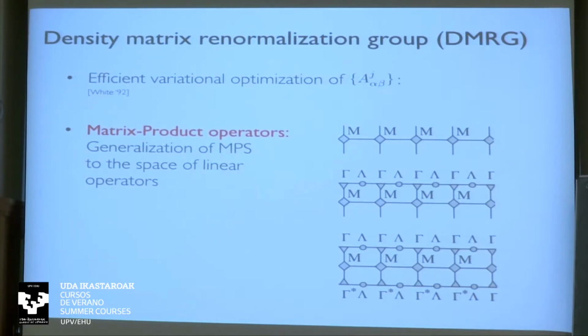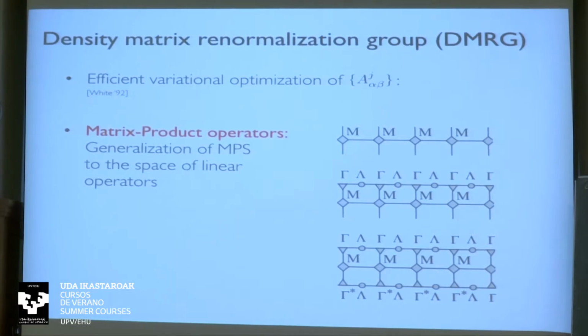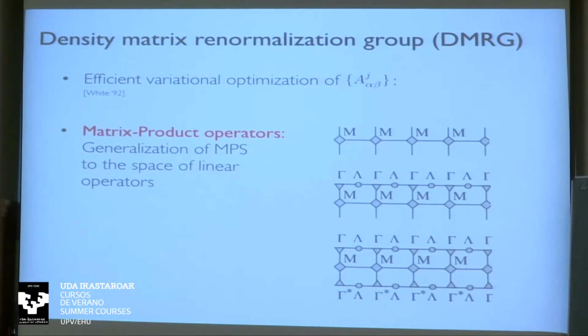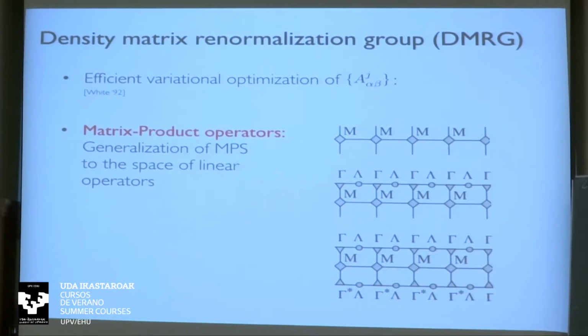And secondly, it is not limited to Hamiltonians that have just nearest neighbor interactions, because the TEBD algorithm, because of its Trotterization, explicitly assumes that the Hamiltonian just couples nearest neighbors, and the density matrix renormalization group method does not. But it's conceptually slightly more complicated, although closely related.